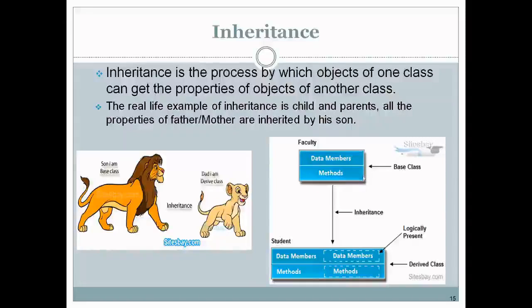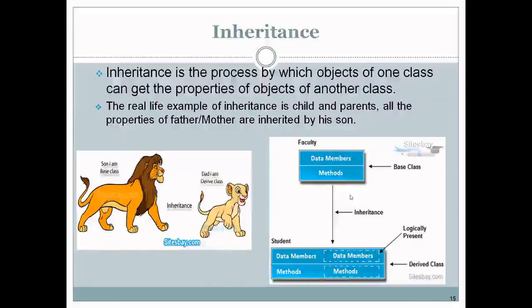And the class from which we are getting the properties is called the base class, and the class into which we are getting those properties is called the derived class. And this inheritance provides reusability of data and methods. So this is about inheritance.